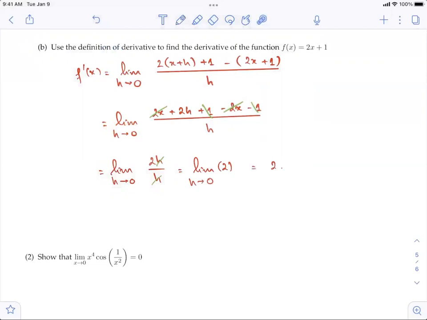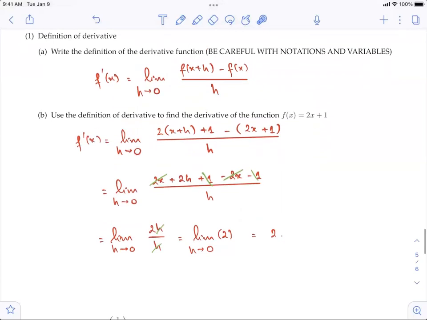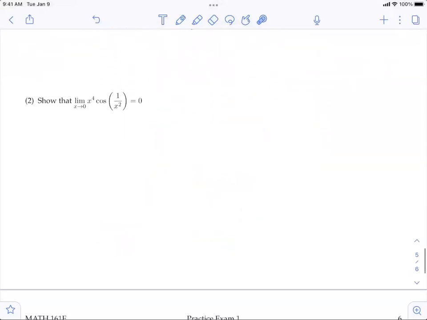So the derivative of this function is equal to 2. If you are already familiar with basic differentiation rules, you can automatically see that the derivative is 2, but the requirement for this particular problem is to use the definition of the derivative. Okay, moving on to the next problem.